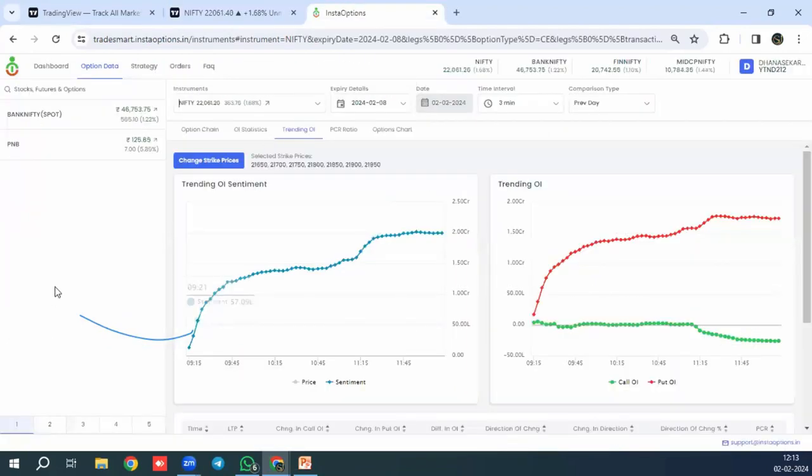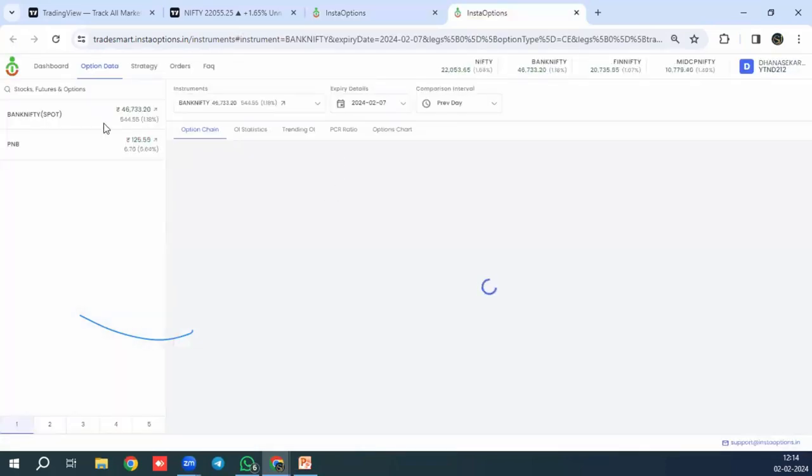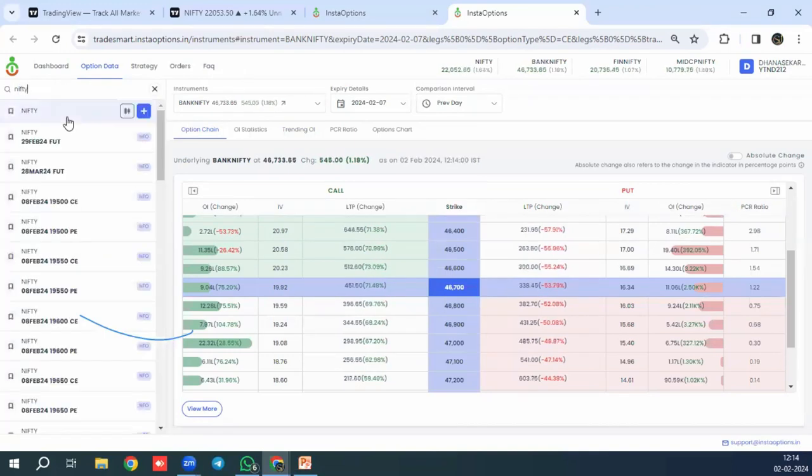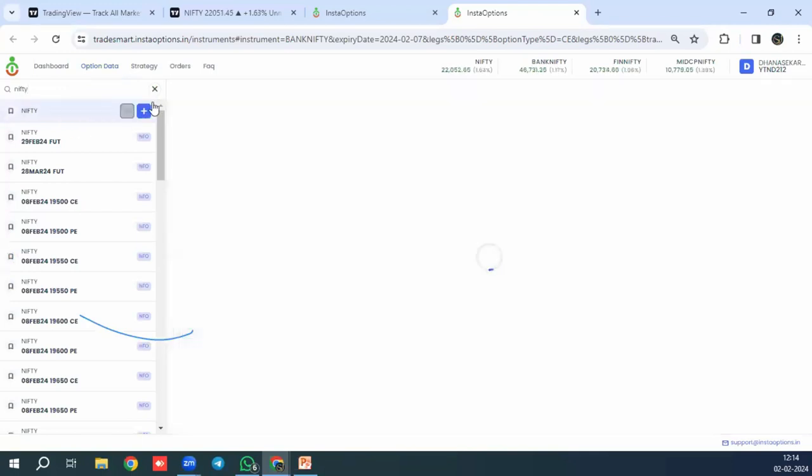See, actually, we don't have to go to TradingView also. We can just see here, it will just be easy for me to toggle, so I'm showing you TradingView. I'll just open one more. Okay, we can see the charts here as well.